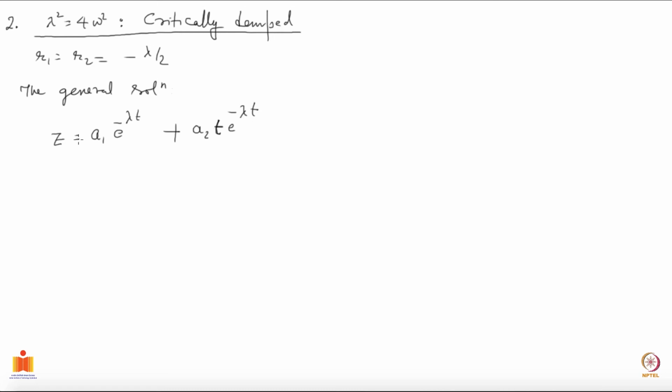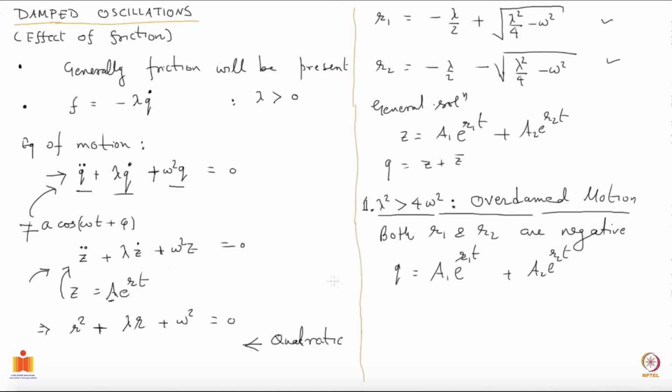You can take the real part of this and that will be your solution. But anyhow, you see that this is again a non-oscillatory motion. It is also a non-periodic motion, and it is damped exponentially.